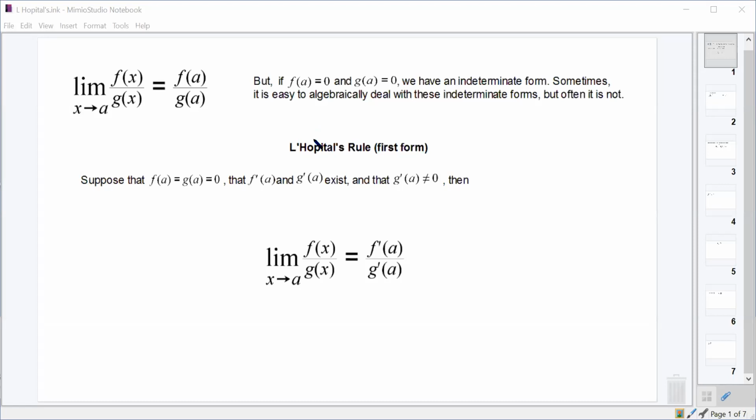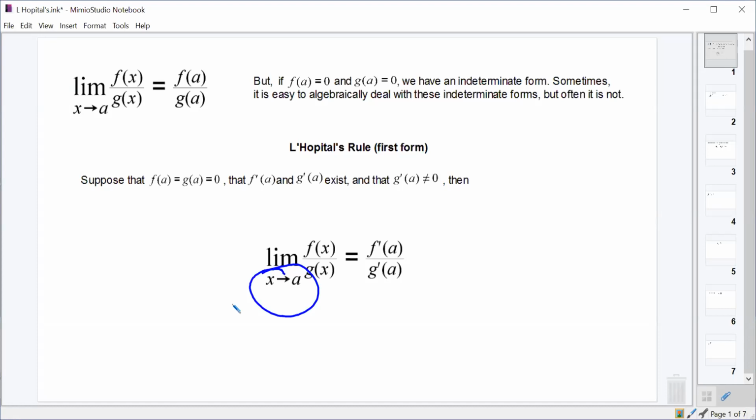And L'Hopital's rule says that if you have an indeterminate form, 0 over 0 for a limit, you can take the derivative of the numerator and the derivative of the denominator and evaluate those at this a value. And the result will be the same as the original limit. Normally I'd go through and prove this, but we're not going to prove it this year.